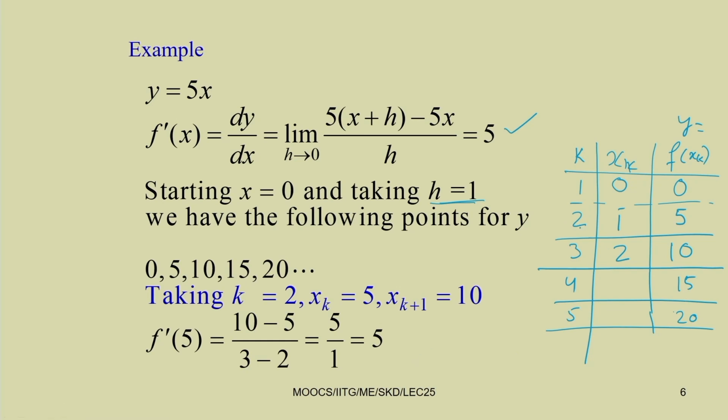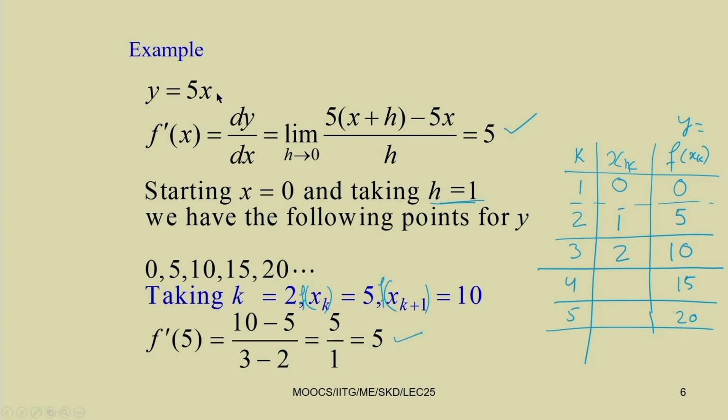Taking k equal to 2, f(xk) equal to 5 and f(xk plus 1) equal to 10. We can have f dash equal to (10 minus 5) by (3 minus 2), so this becomes 5 by 1, which is equal to 5. So the same thing we are getting.